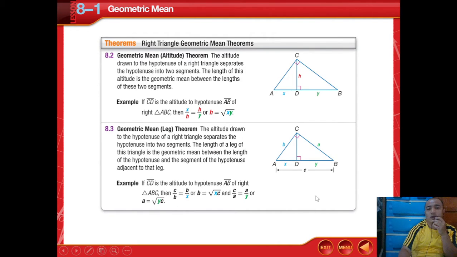So, in short, for h, square root of xy. If we want to solve for b, square root of x times x plus y. If we want to solve for a, square root of y times x plus y. That's all.